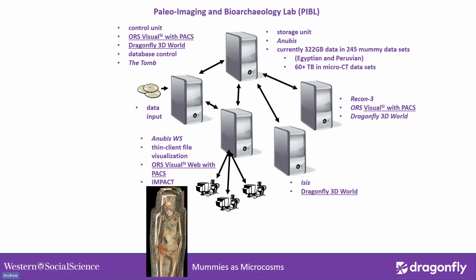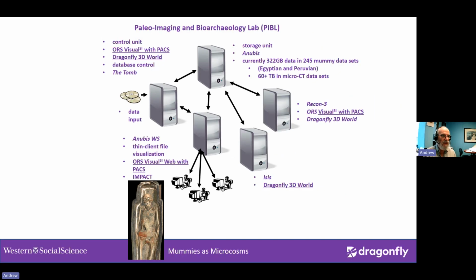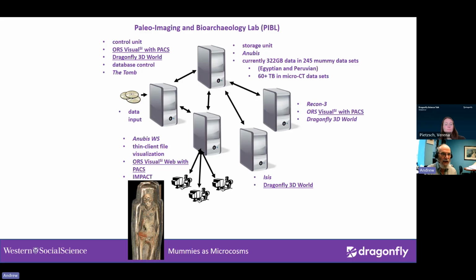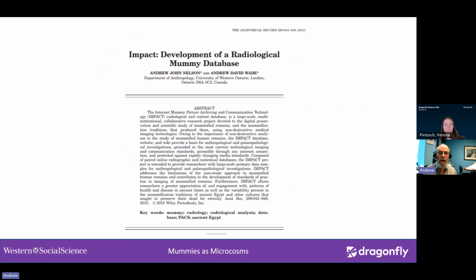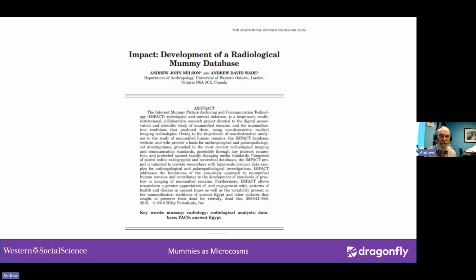And then I have Anubis Workstation, which is a thin client visualization package that allows people to access some of the data remotely through a thin client model. And there's the image of the Maidstone mummy that Verena had at the beginning. And just as a little aside, IMPACT is this radiological database that I have constructed of Egyptian mummies, and it lives on Anubis WS, and people can access that remotely and use ORS Web to access that data.